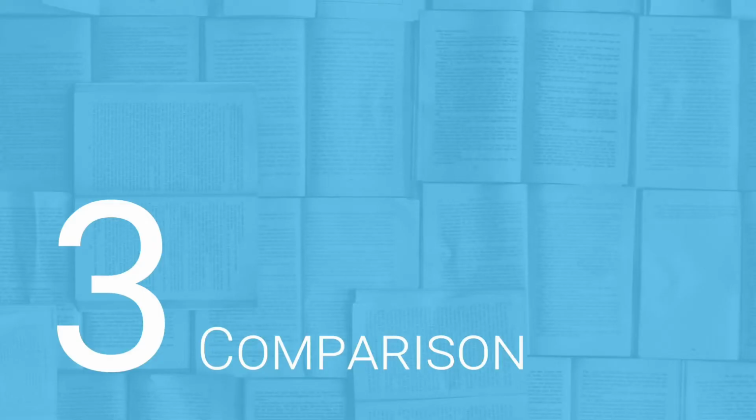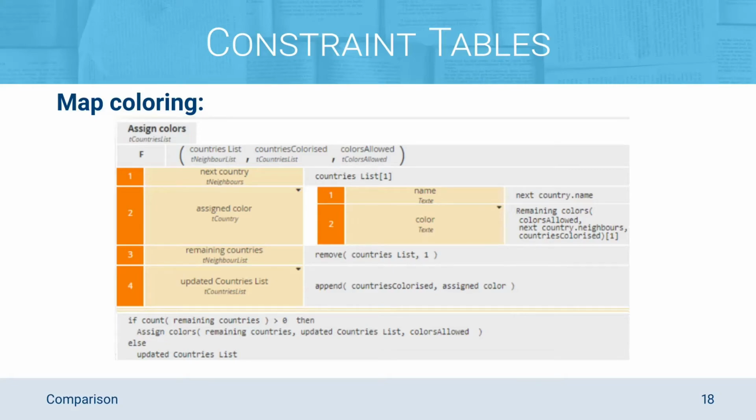So if we compare this to standard DMN, this is a map coloring solution in standard DMN. And as you can see, this table is very difficult to read, especially for laymen. That's the entire point of DMN, being able to read it very easily without having to have this complex knowledge of how programming works.